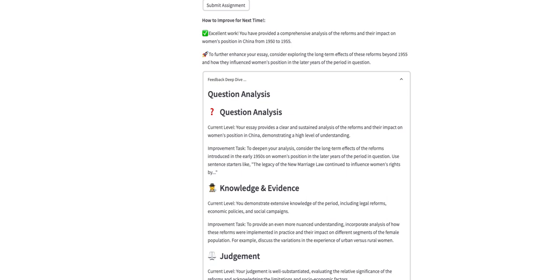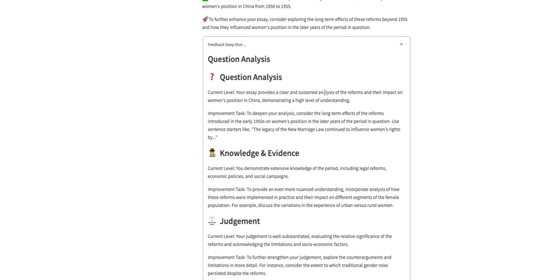We're providing them sentence starters, getting them thinking about how they can improve it in an actionable way, but we're not doing too much of the work for them, so they still have to do the improvements themselves. And for each of the different assessment objectives, we have this in the deep dive. Okay, so that's the student feedback.